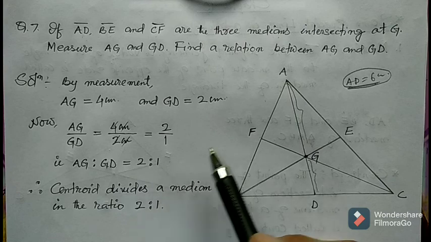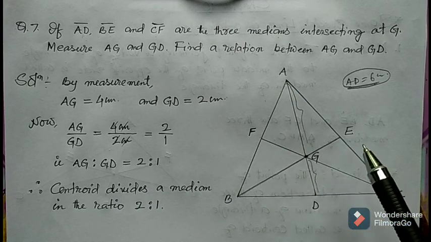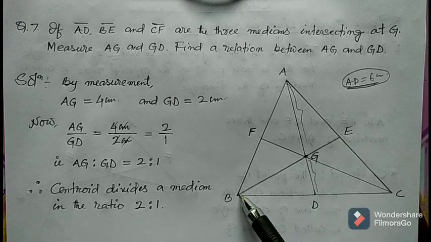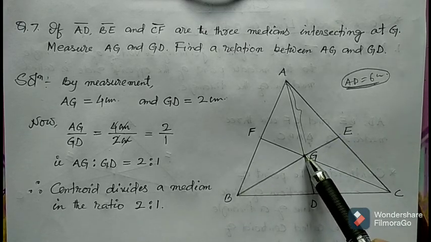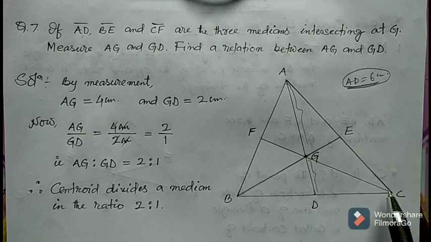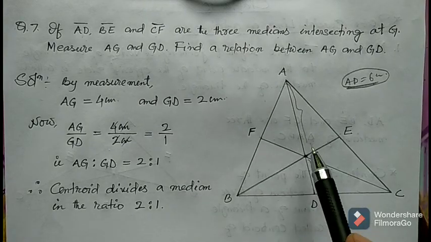Here the actual lengths of AZ and ZD are 4 and 2. Like that, you can see for another median BE, the ratio of BZ to ZE will again be 2:1. Like that, CZ to ZF will also be 2:1.